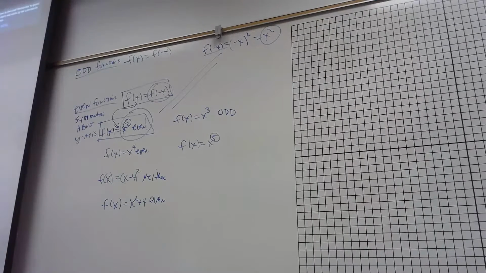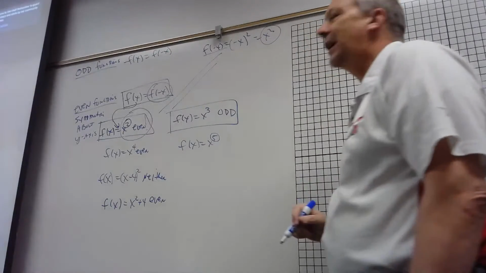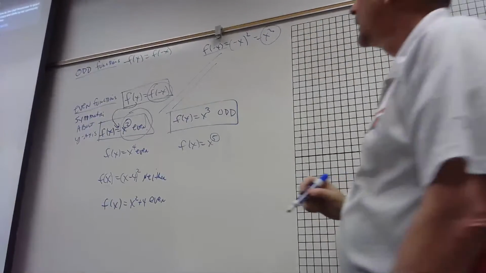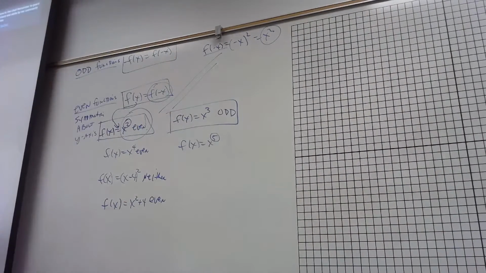All right, now let's do this one here. F of x equals x cubed. This is the relationship I need to find.